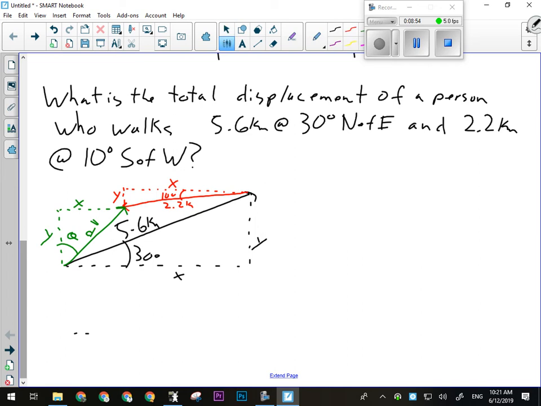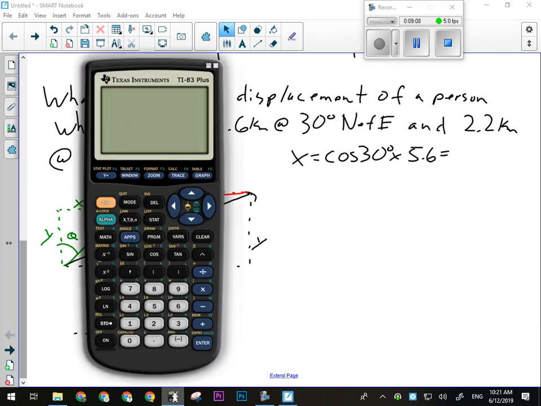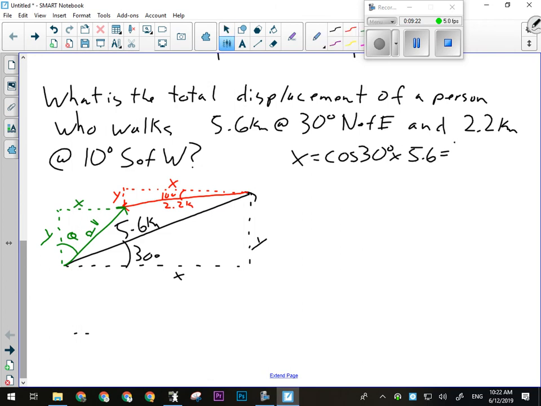To calculate black x, black x is adjacent to the 30-degree angle, so that's going to mean the cos of 30 degrees times the hypotenuse, which was 5.6 kilometers. So we're looking at 4.850, I'm going to write 4.849 because I'll try to use as many decimals as I can.